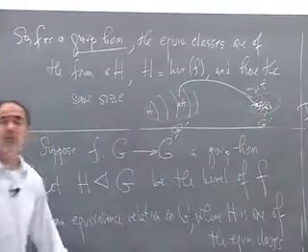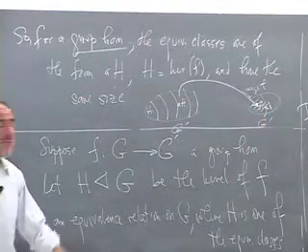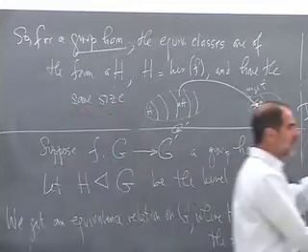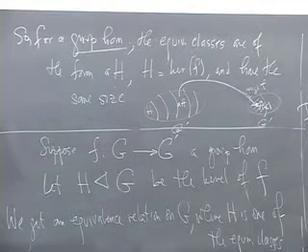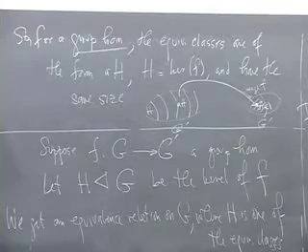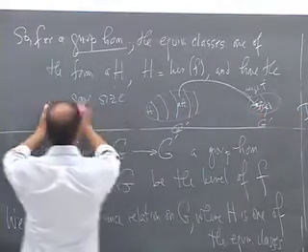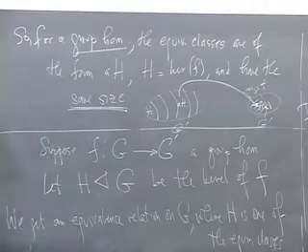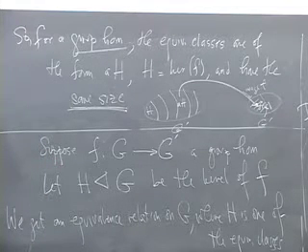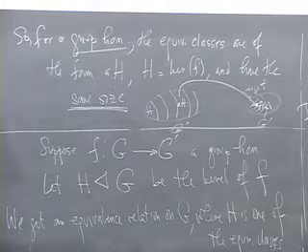Now that's not true of maps of sets. I could have a map of sets that takes a 3 element set to a 2 element set. Let's just see that this is unusual, that the different equivalence classes have the same size. This would be my set S, this would be my set T, here would be my map F, taking this element to this and these 2 elements to that.